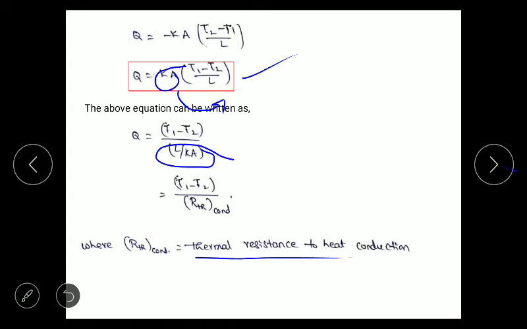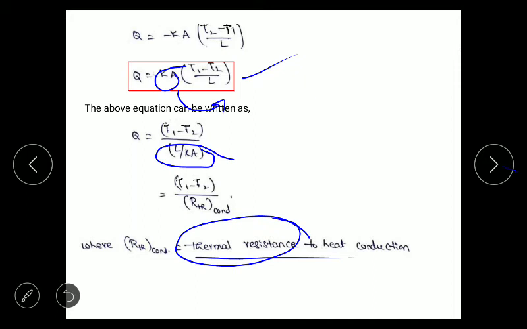So what we obtain here from this derivation is a thermal resistance. Thermal resistance is the ability of a material to stop the heat or to obstruct the heat flowing through it. Everybody has thermal resistance. Thermal resistance is quite opposite to thermal conductivity. The more the thermal conductivity, the less the thermal resistance. The lesser the thermal conductivity, the more will be the thermal resistance.